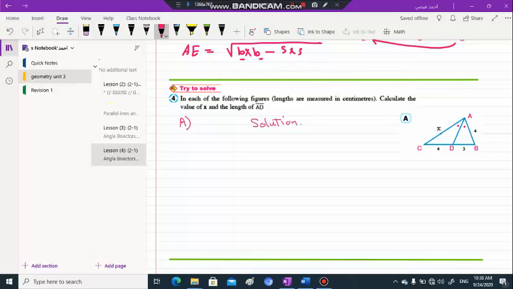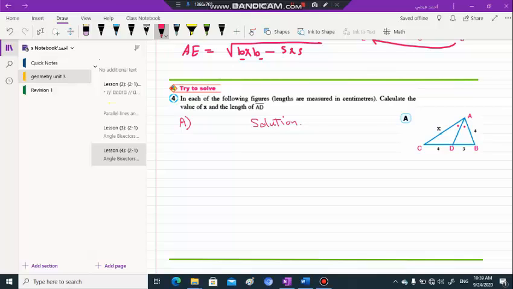We have an example. In each of the following figures, lengths are measured in centimeters. Calculate the value of x and the length of AD. The value of x comes from the last lesson, how to find the value of x.